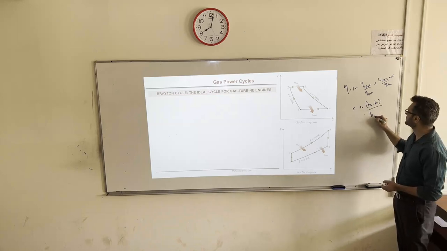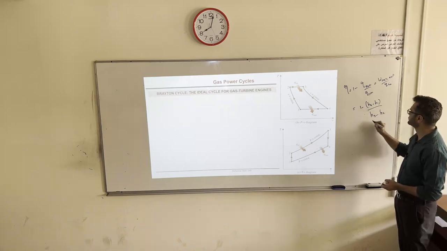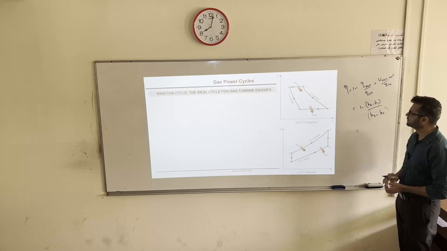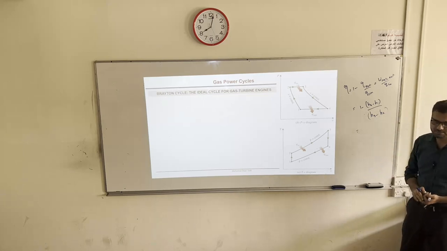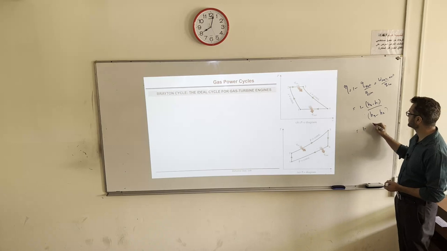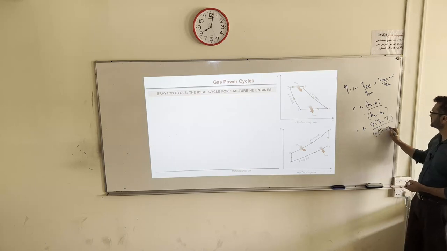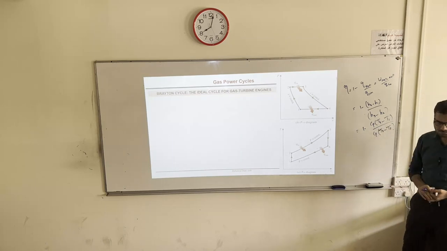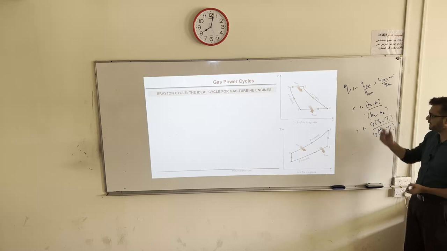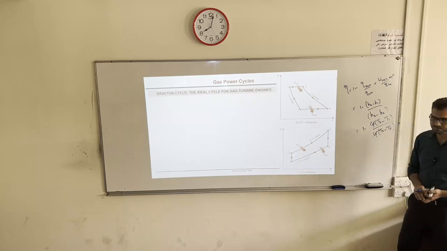Similarly, here we have H3 minus H2. Because we are dealing with an ideal gas, we can replace it with Cp into T4 minus T1 divided by Cp into T3 minus T2. Here we are still assuming constant specific heats for the ideal cycle, so the Cp will cancel.